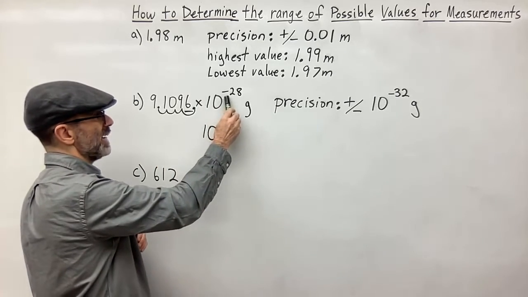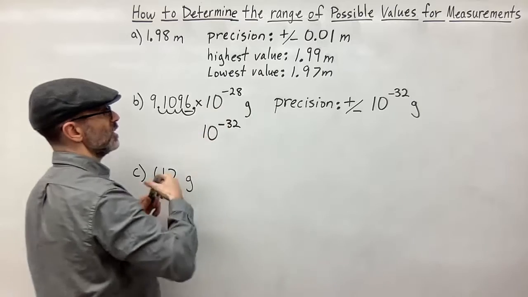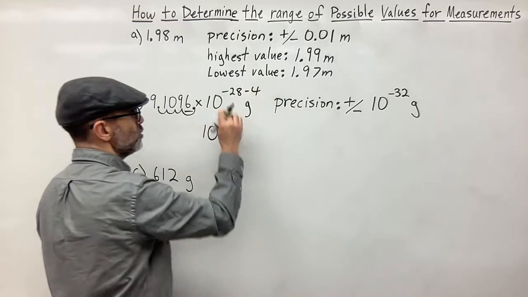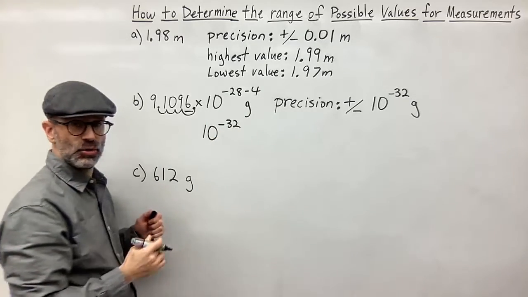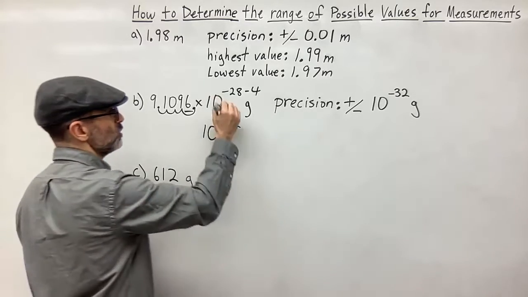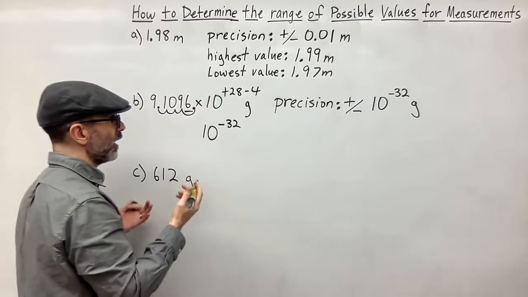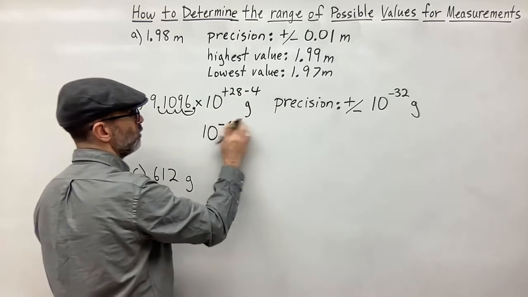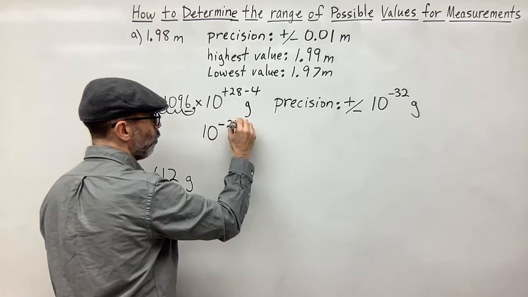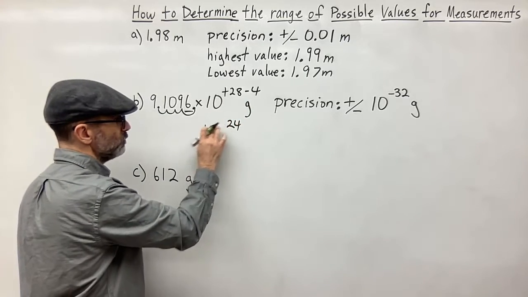So here we have a negative 28. So if I was going to subtract 4, so negative 28 minus 4 gives me a negative 32, right? If this was a positive number, then I would do 28 minus 4, and then that would give me 24, or positive 24.